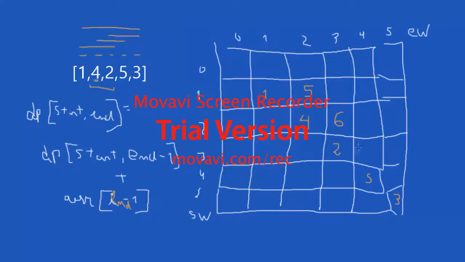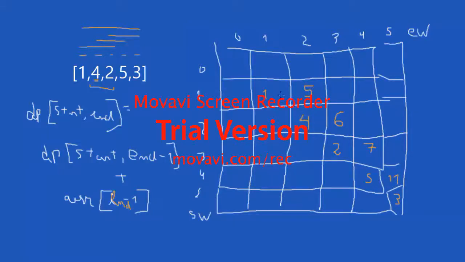The sum of both will give 7. And then here we will want the value of the 5th position in the original array plus the previously calculated window size. So this is 11.